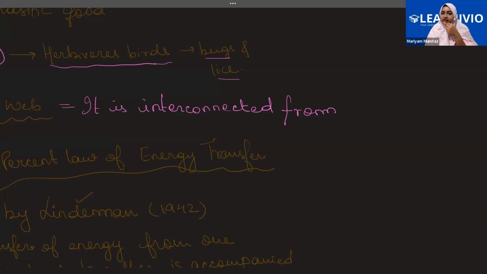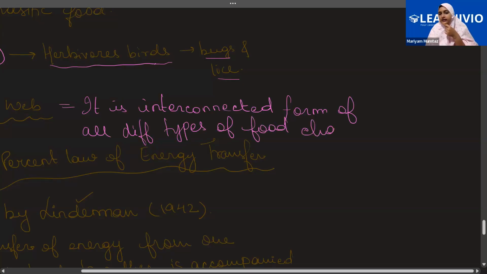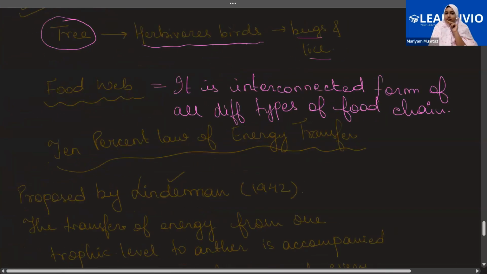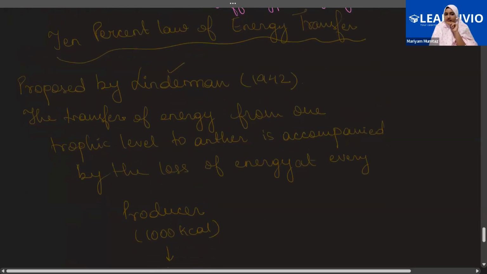It is the interconnected form of all different types of food chain. And it is a more practical approach. So if anyone would ask which is more practical, food web or food chain, you should know food web is more practical. Then comes the 10% law of energy transfer.